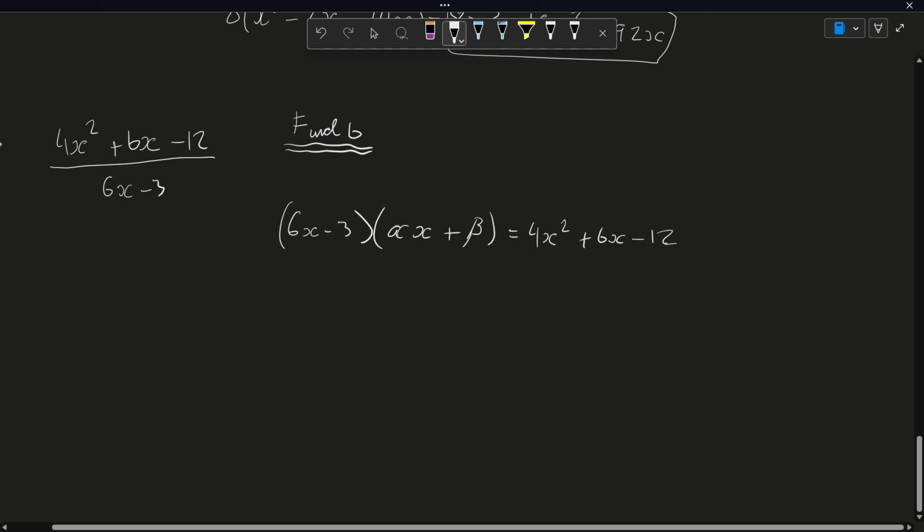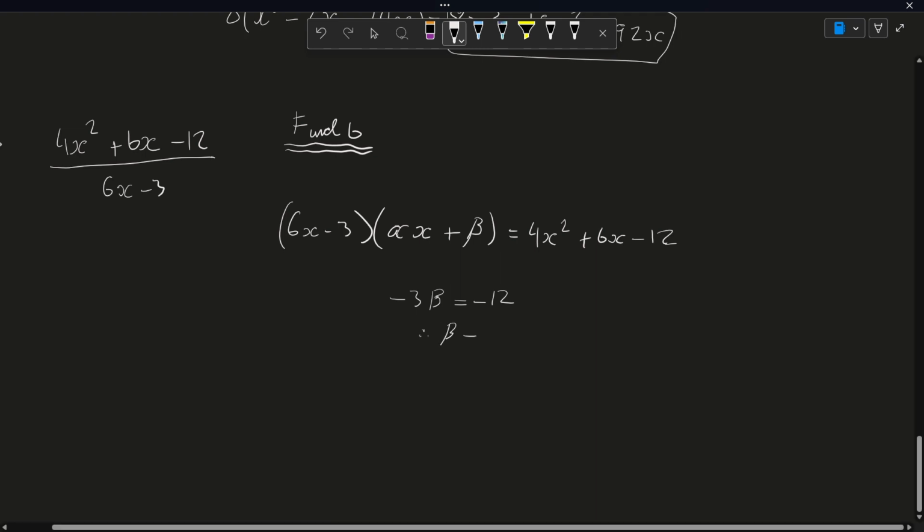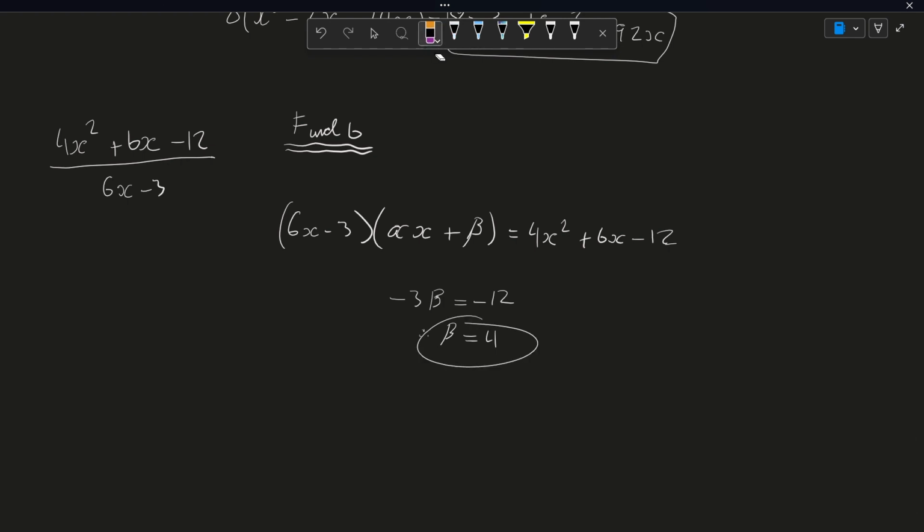The trick to this, you can just ignore the bx. You can solve for bx directly by doing this, but it's better to find alpha and beta separately. First is beta, so that'll just be minus 3 times beta equals minus 12, beta equals 4. Now we need to find alpha.